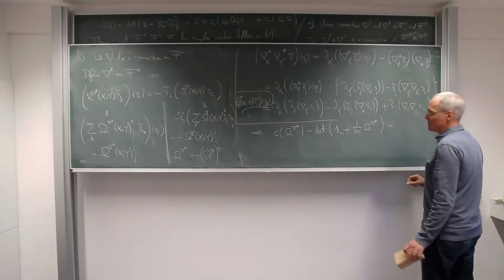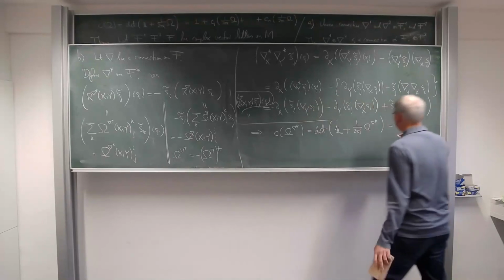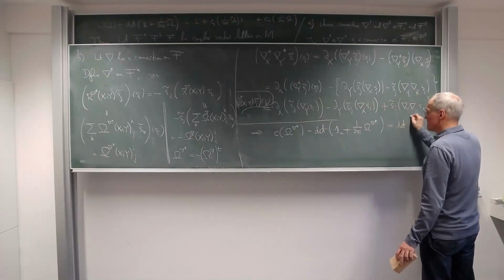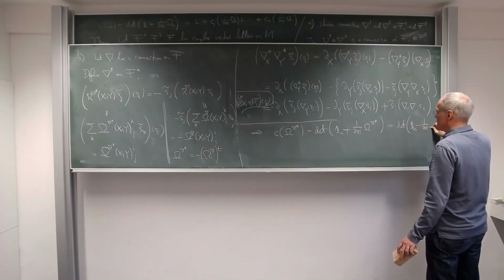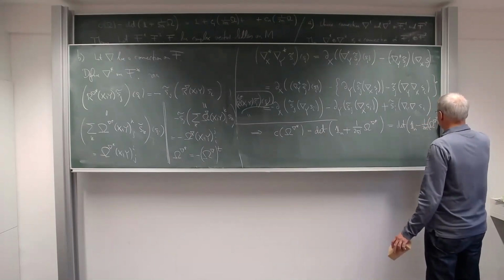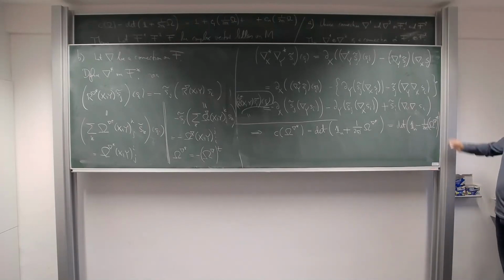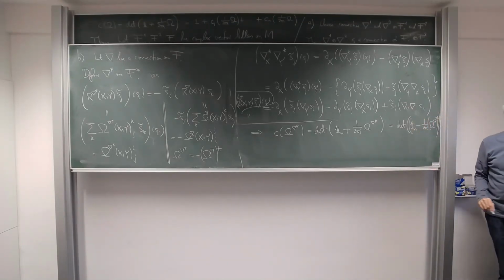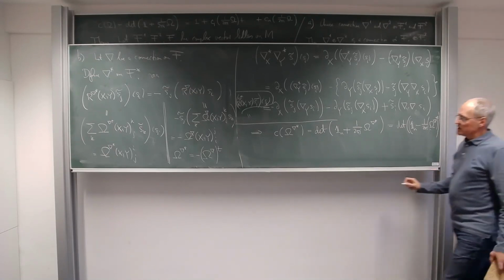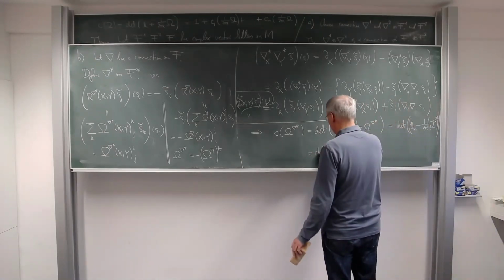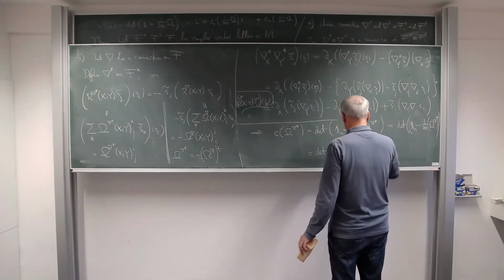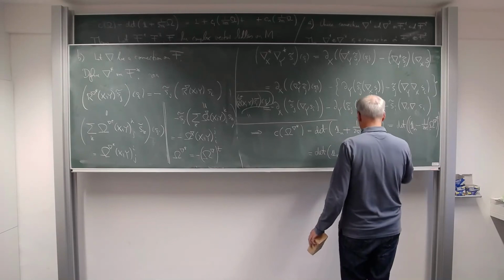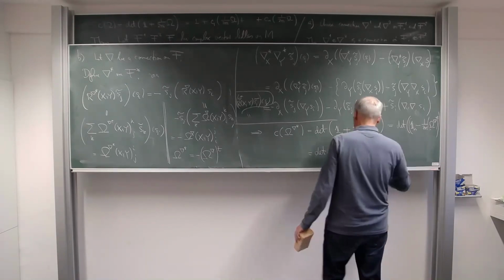So I replace this by this one, then I get the determinant of the identity minus 1 over 2 pi i, and I get omega nabla transposed. But that is the same thing as transposing the whole thing. Because if I transpose the identity matrix, nothing changes, and the determinant does not change upon transposition. So that's the same as identity matrix minus 1 over 2 pi i omega nabla.